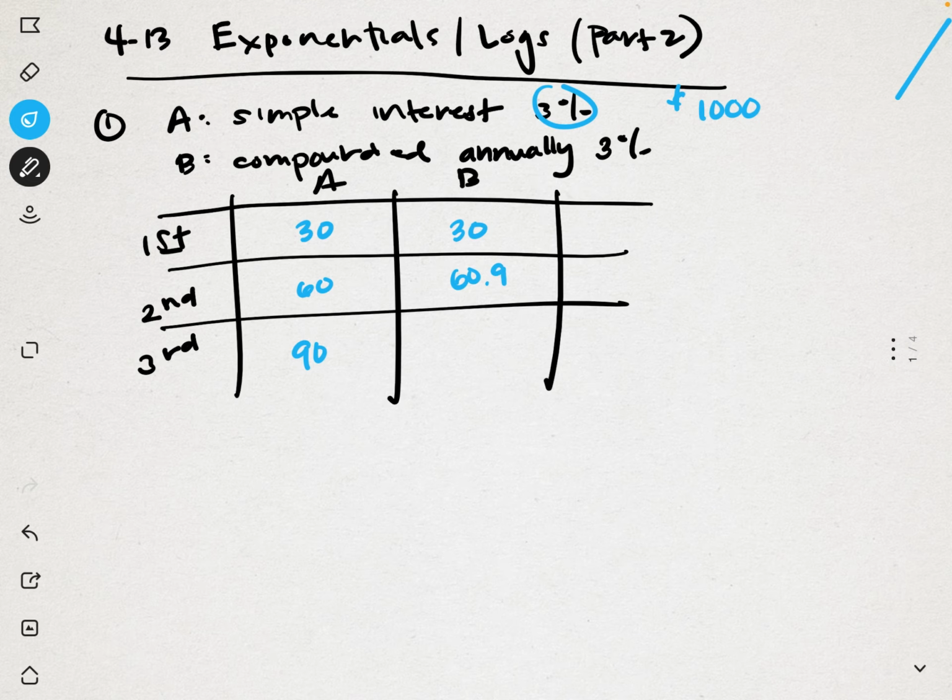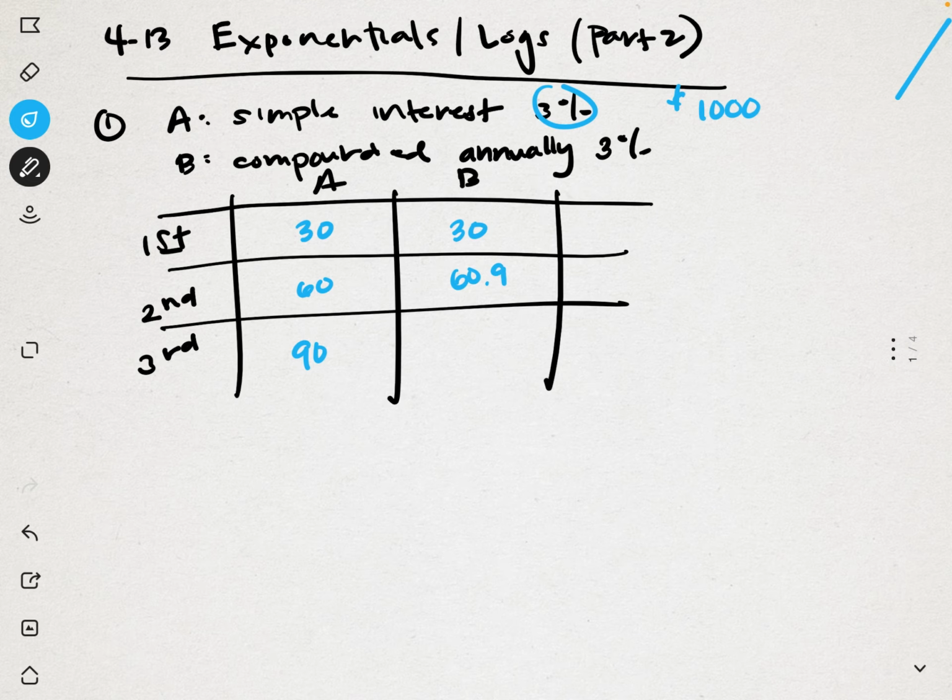And then we're going to take that and do our compound interest on the new value, 1060.9 times 0.03, and we're going to get 31.827.